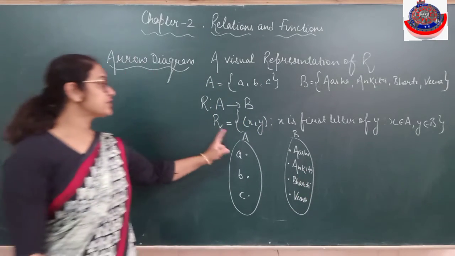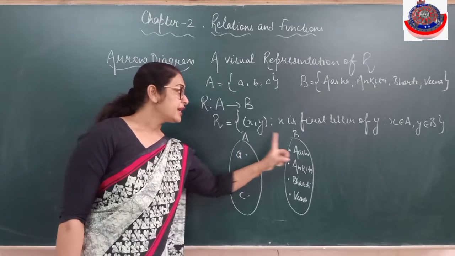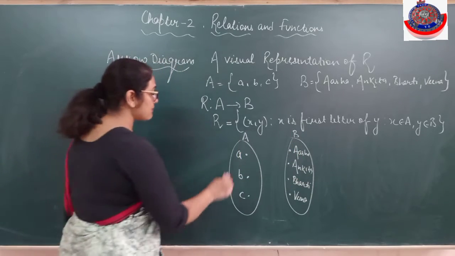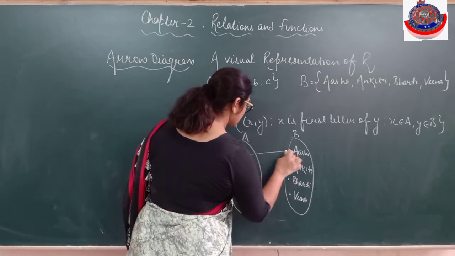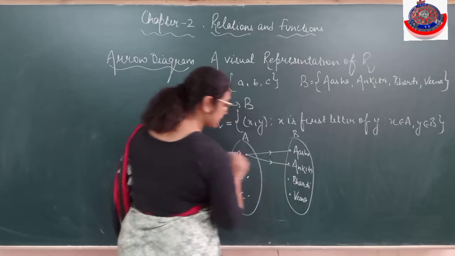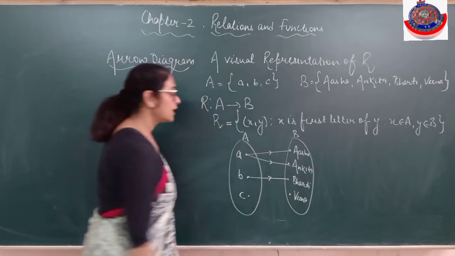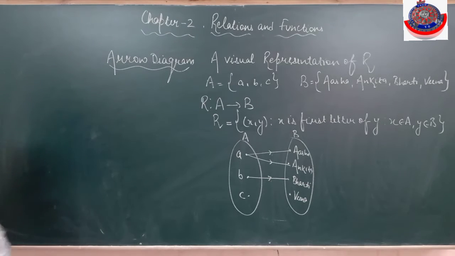Alright, now in relation I need to pick up, only match those where X is the first letter of the name. So I'll match A Asha, A Ankita, B Bharti. That's it. A Asha, Ankita and Bharti.